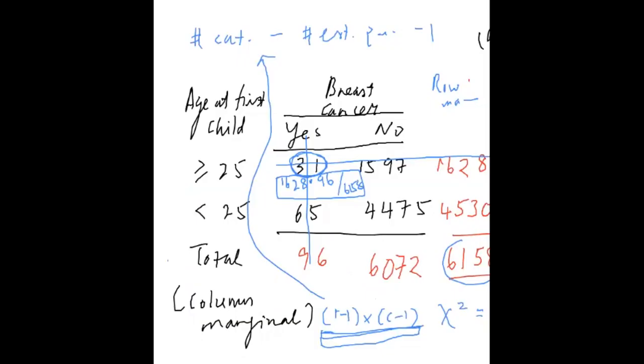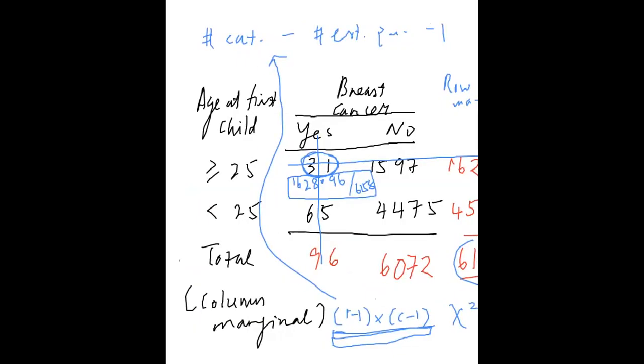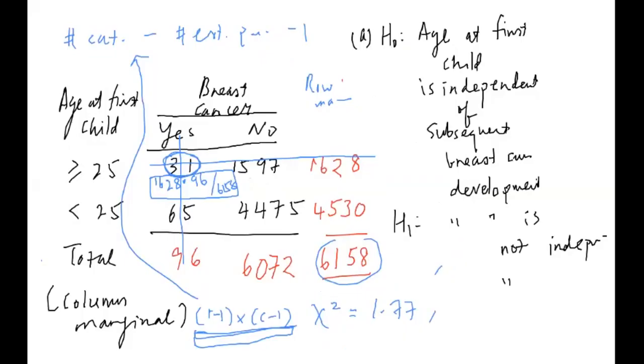Right, then after that, you do the statistical test. So the chi-square value at 1 degree of freedom, alpha 0.05 is 3.841, right? So 1.77 is below 3.841, right?